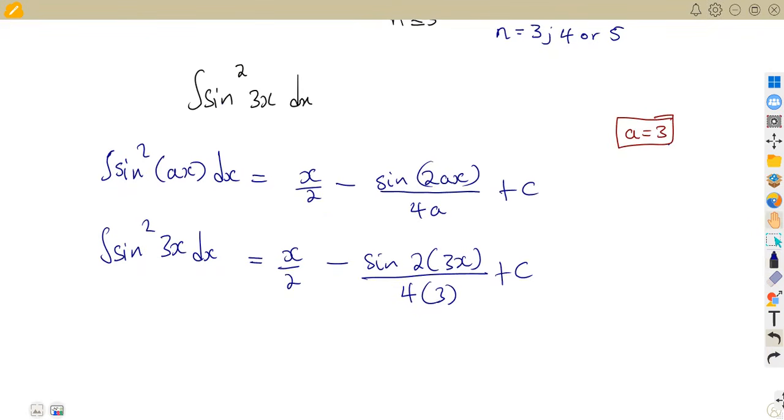So you're going to have x over 2 minus the sine of 6x over 12, plus the constant of integration. As you can see, it is so direct.